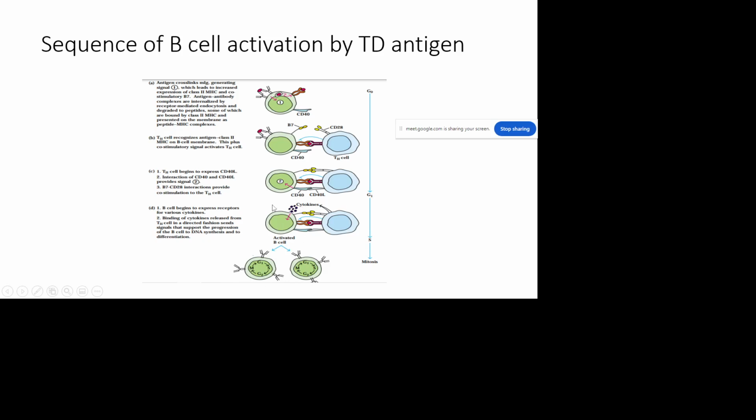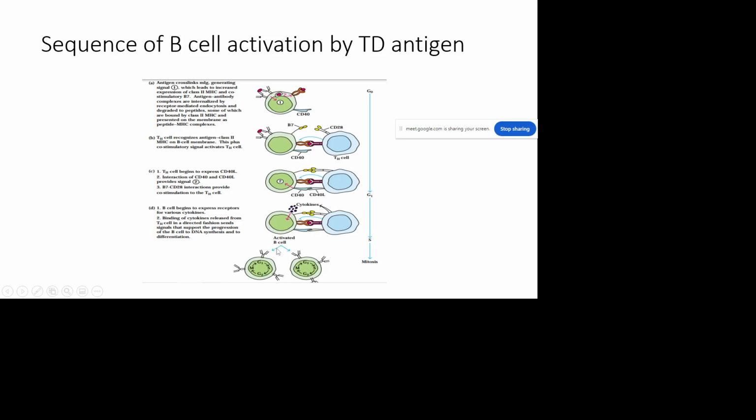So it will activate the B cell, and B cells will enter into the cell cycle, where in the S phase it will synthesize the DNA and proliferate, and it will undergo differentiation. So these signals will activate the B cell.